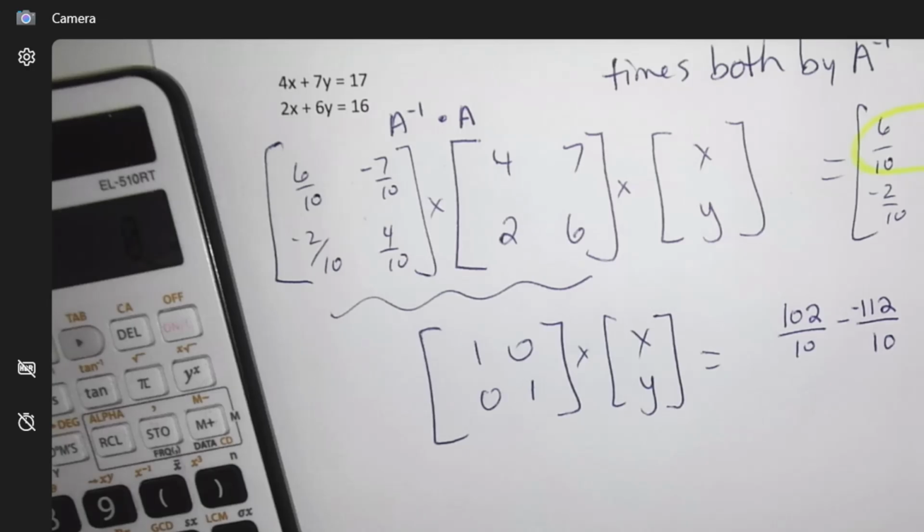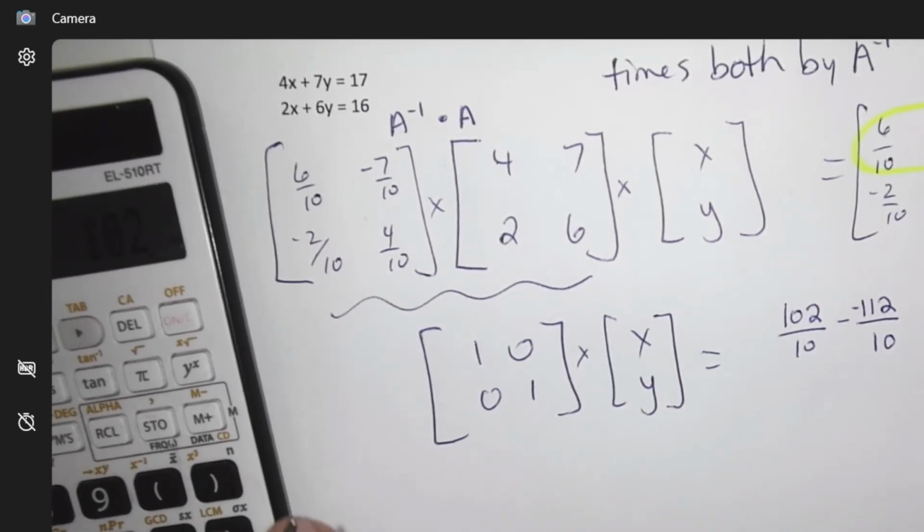Did anybody get the same numbers as me? 6 times 17 is 102.